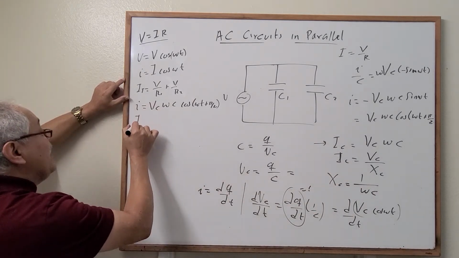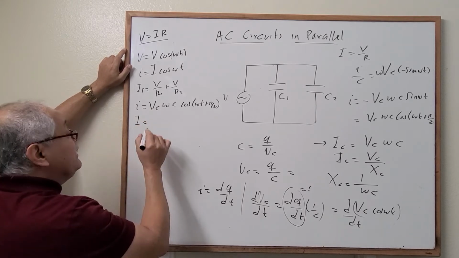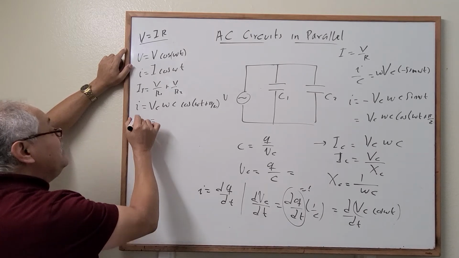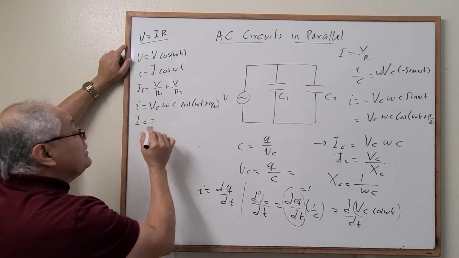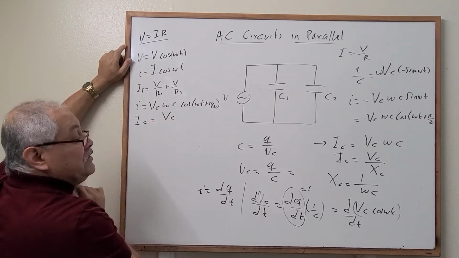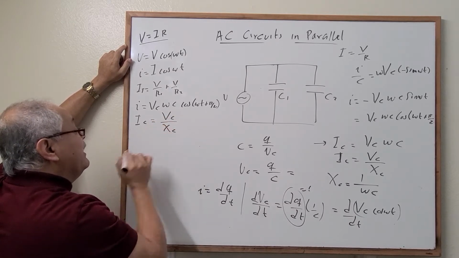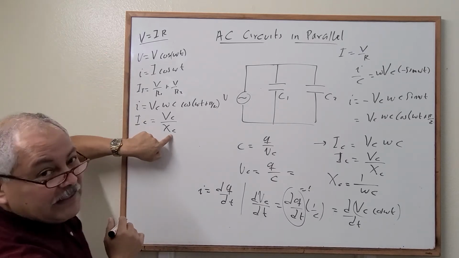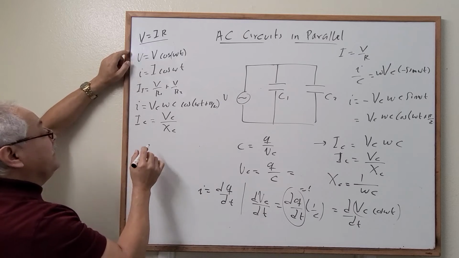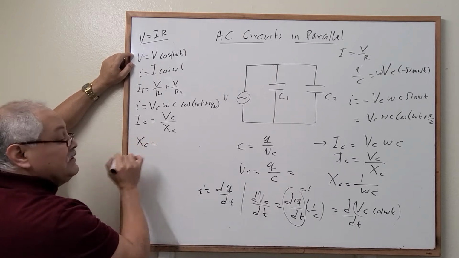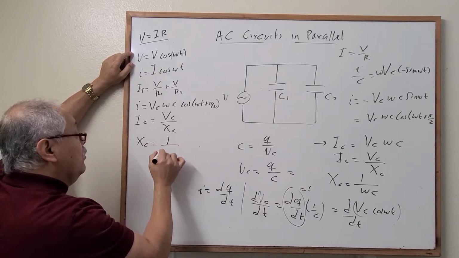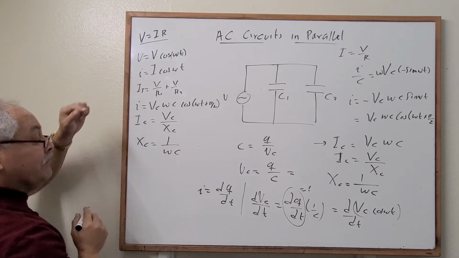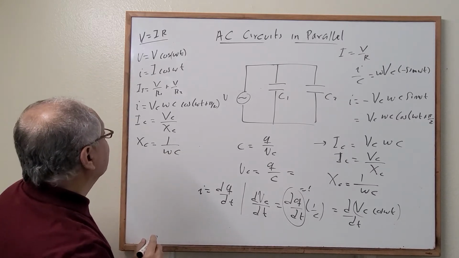Perfect. So we have now that the current through the capacitor is equal to the voltage of the capacitor divided by the capacitive reactance. Perfect. Where this capacitive reactance is equal to 1 over omega C. Perfect.